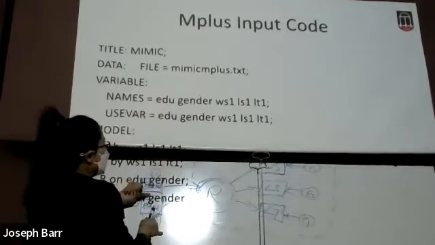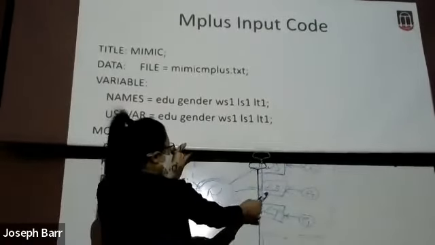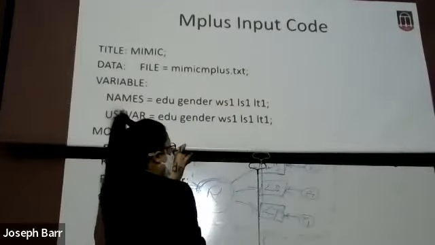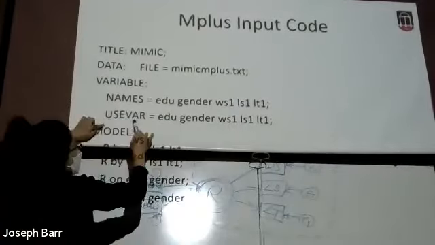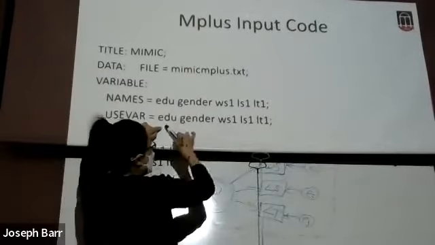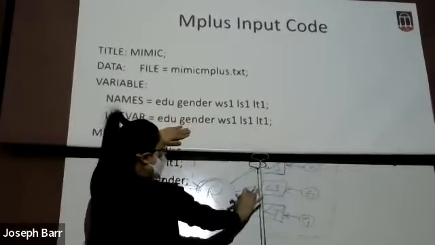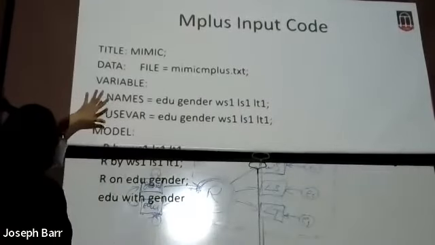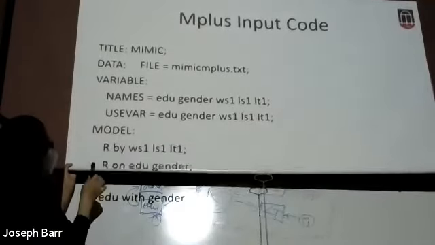We have gender, female or male, and we have WS, okay, LS, LT. That's it, okay. So those are 5 observed variables. So we're gonna use all of these 5 variables. 2 causes, 3 indicators. We're gonna use all of them. That's it. And then what is our model? Here, okay.